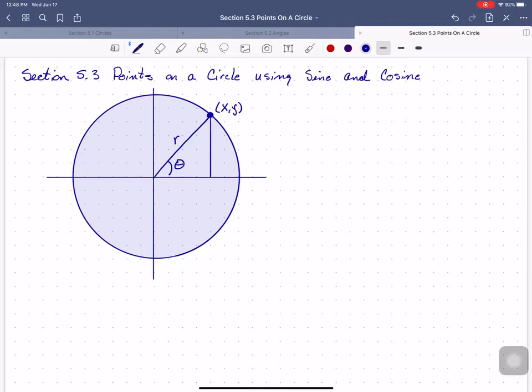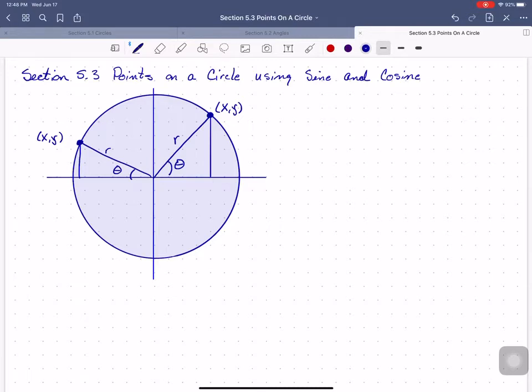And understand that we can do this no matter what quadrant we're in. So if we are over here in the second quadrant, we would be at a different point, and have a different angle, but we could still drop that vertical and we would have a different angle theta.